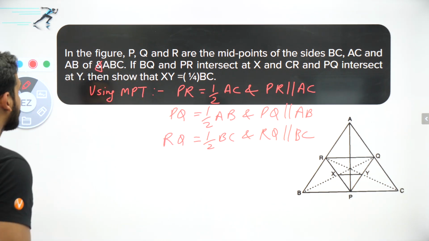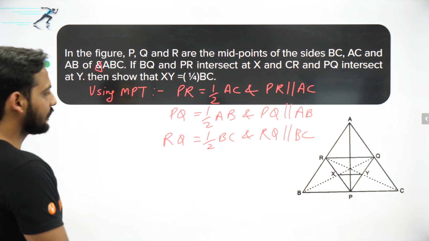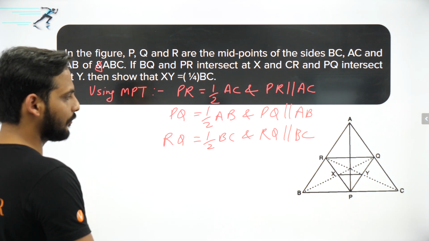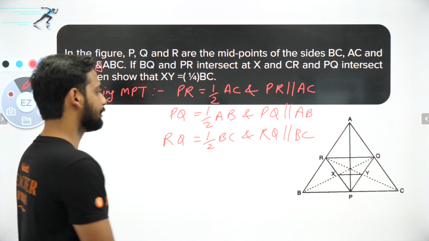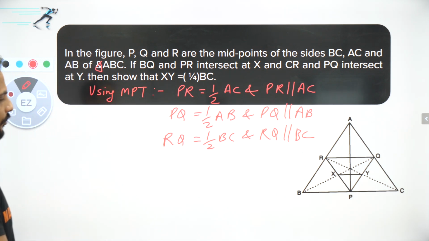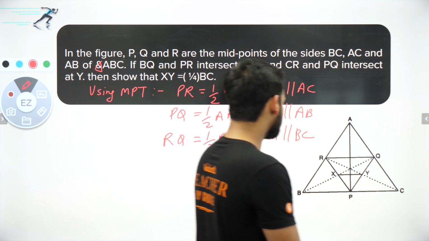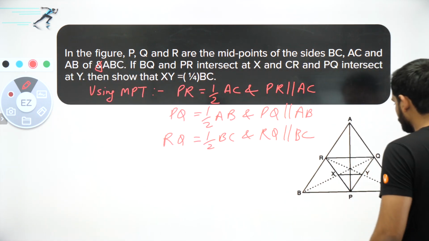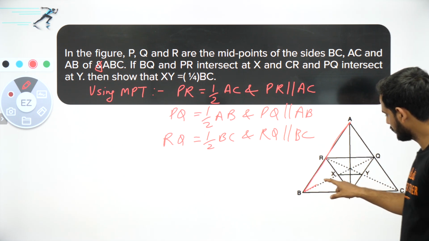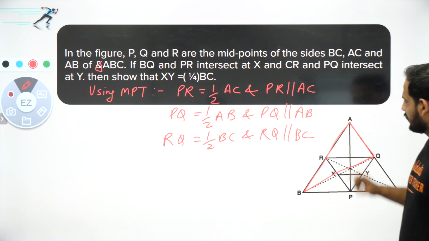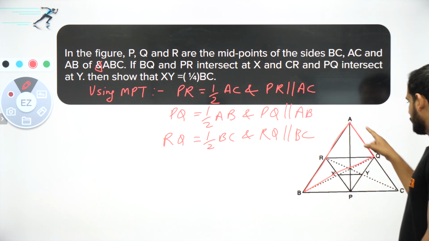Now let's think about the next part. We need to prove something about XY. If I have X and Y as midpoints, then I can go for something else. Let's talk about this triangle. From this relation, you know that PR is parallel to AC.